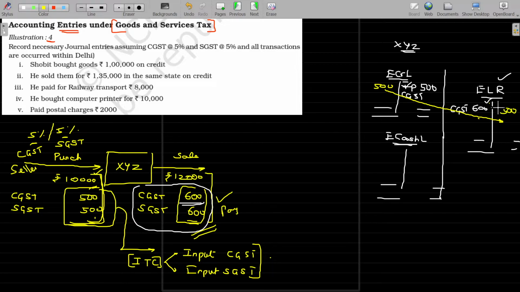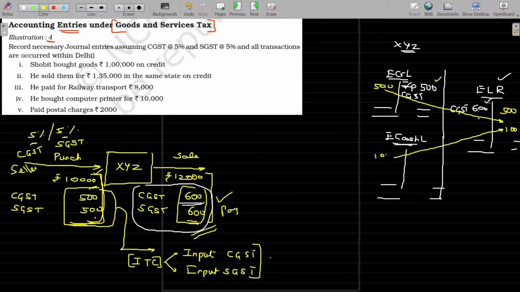Now I have to pay 600 rupees. While purchasing the material I paid 500 rupees. You need to refund it now. Get it refunded. That refunded amount can be used for settling this money. But there is still a shortage. 100 rupees shortage is there. How can I make the payment? That payment could be made through the electronic cash ledger, 100 rupees.